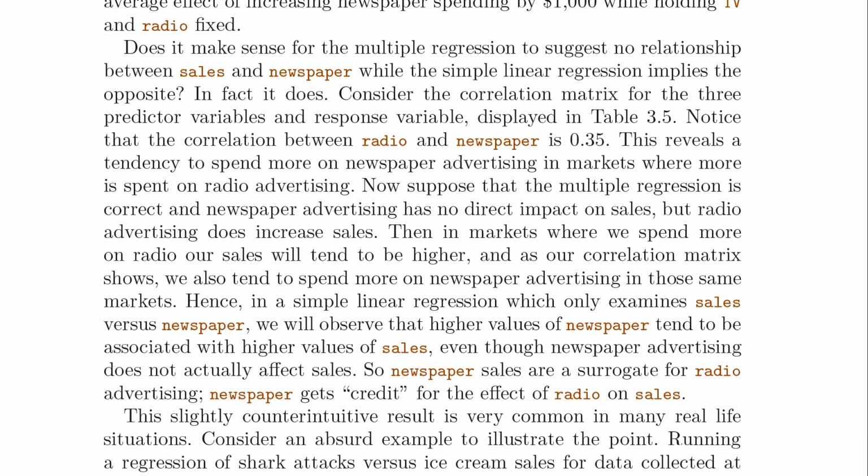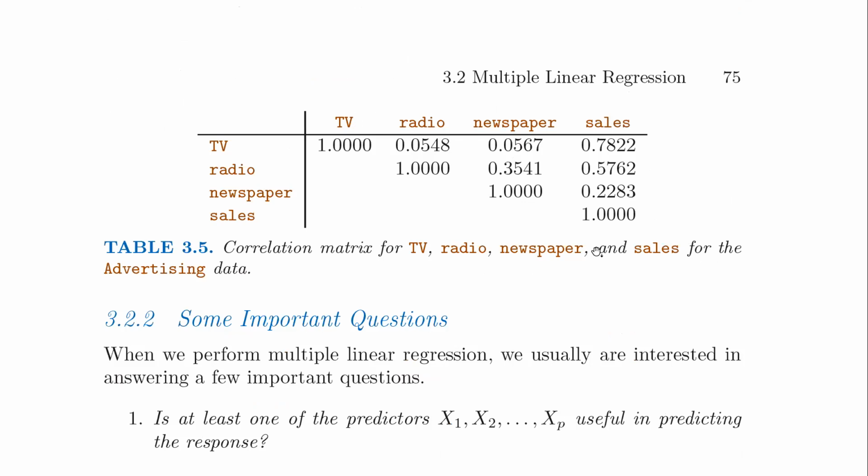That kind of correlation. Notice that the correlation between radio and newspaper is 0.35. So this is the correlation matrix. It's just telling you.